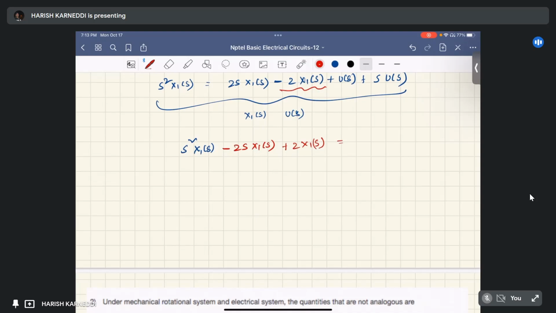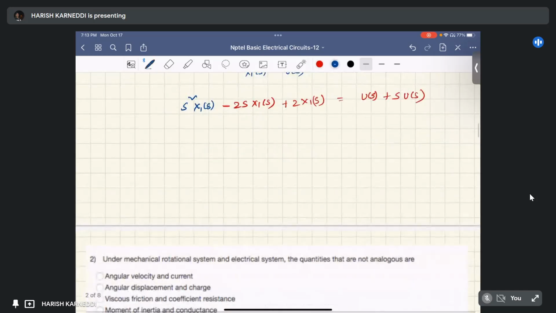here you can common u of s, what is there, u of s plus s into u of s. From this equation you can common x1 of s. So x1 of s equal to s square minus 2s plus 2.